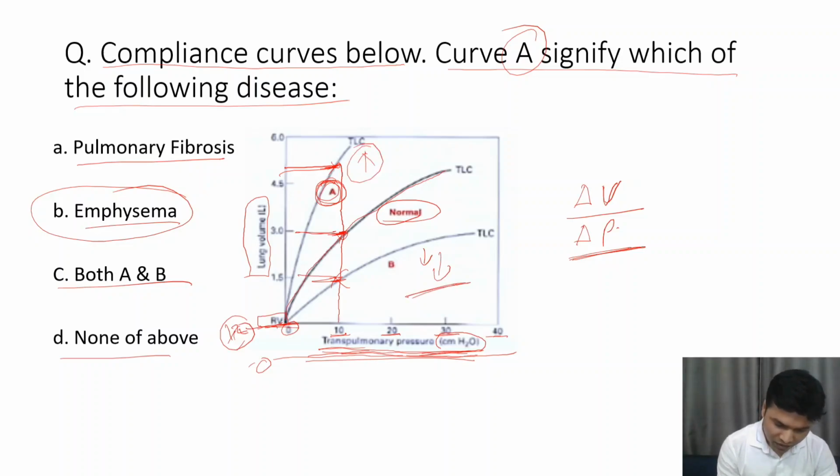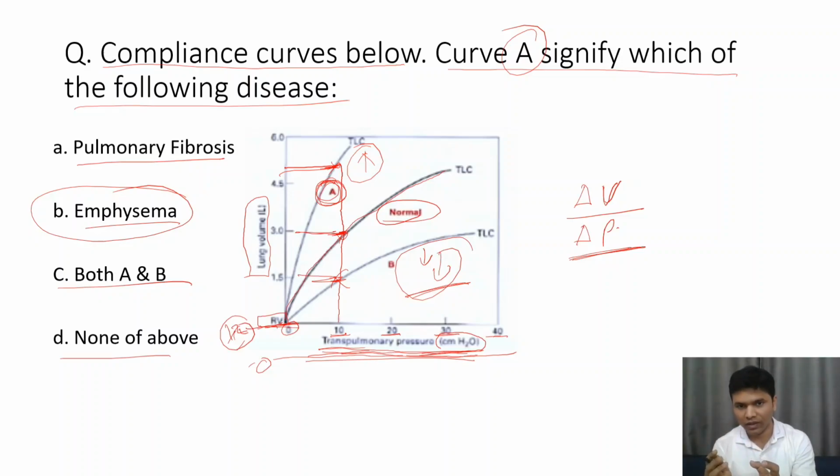This one is actually fibrosis. Fibrosis means stretchability is very decreased. In that case, if you increase the pressure by 10 centimeters of water, the change in volume is only around 1.5 liter. For a change of around 3 liter, you have to increase the pressure a lot, around 20 centimeters of water.